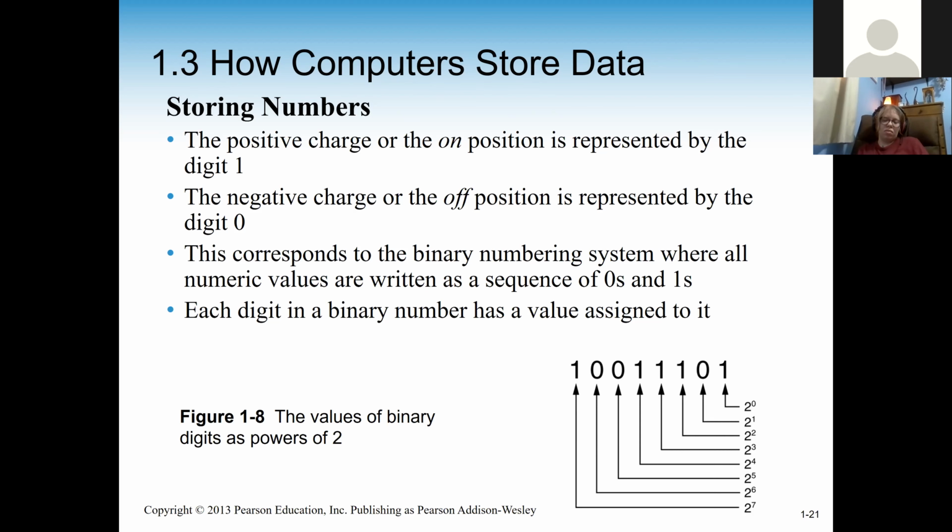If you had 3 options, like 0, 1, and 2, then it would be 3 to the something, but here you only have 2. So the first position is 2 to the 0, the second position is 2 to the 1, the third position is 2 to the 2, the next one is 2 to the 3, 2 to the 4, and the last one is 2 to the 7.